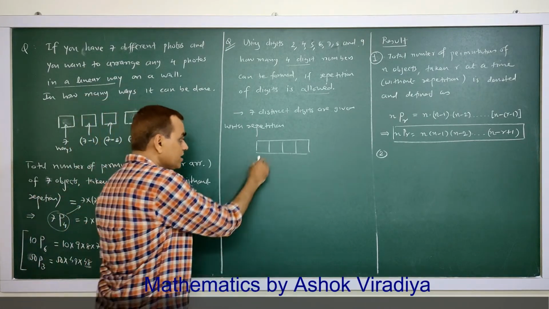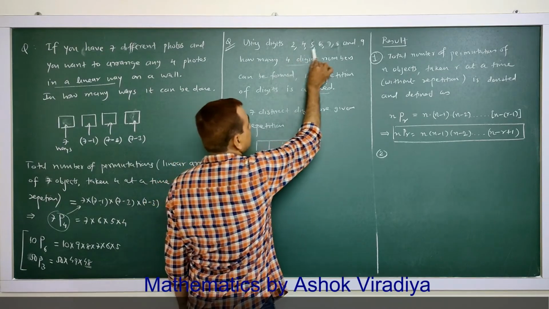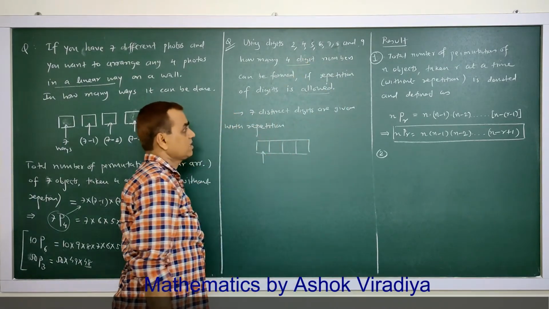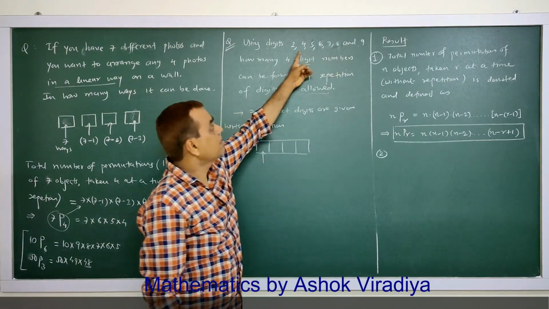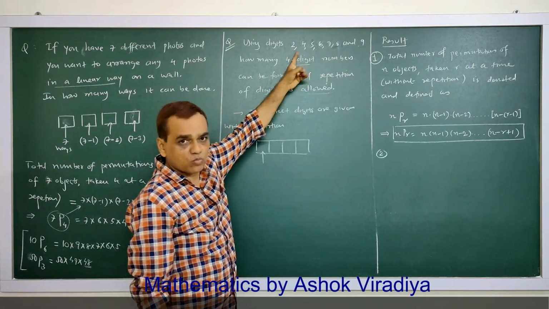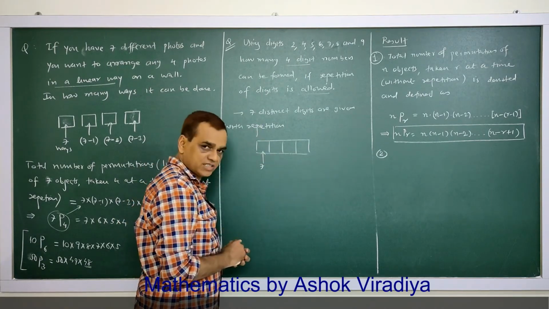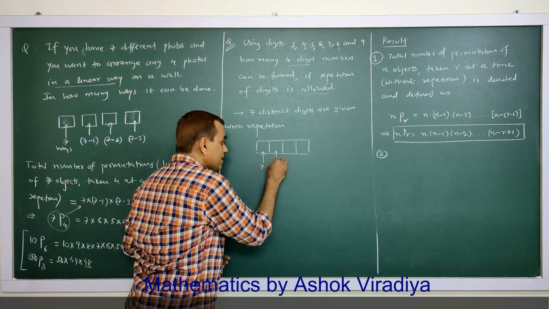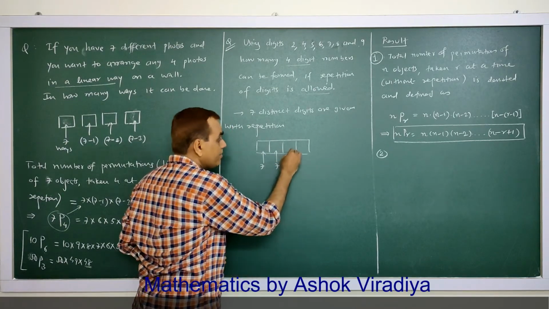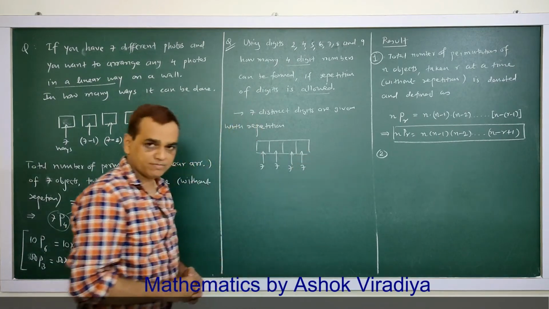Now see, this place can be filled by 7 digits. See, all are distinct. Nowhere 0. So this can be filled in 7 ways. Now repetition is allowed, so again in 7 ways. Again in 7 ways. Again in 7 ways.